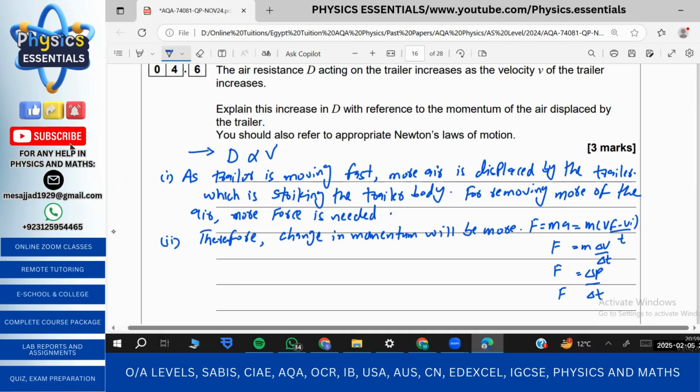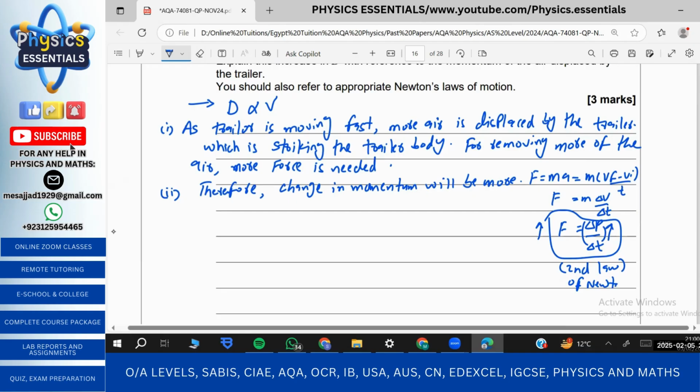So you can write F equals ma as F equals change in momentum over time, right? So now you can see that they are directly proportional to each other. This rate of change of momentum, delta v over delta t, is directly proportional to F. So if F is increasing, it means rate of change of momentum is also increasing. That is referred to as Newton's second law.